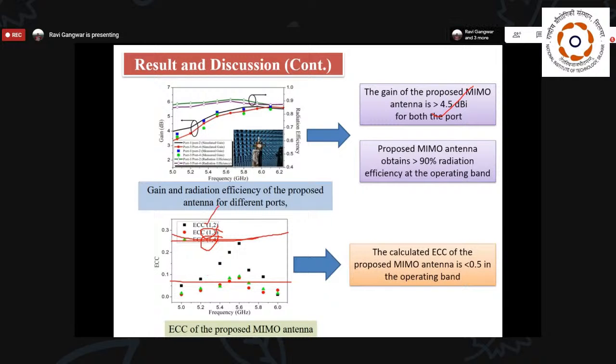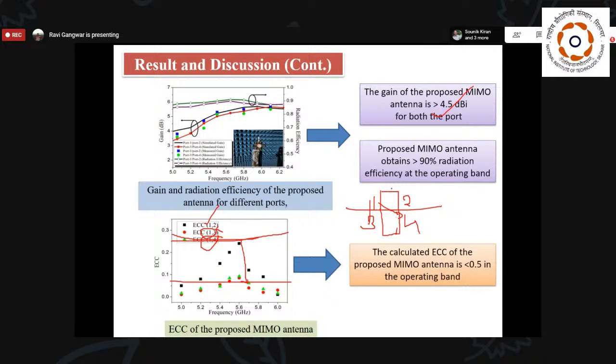But in the case of ECC 1 to 2, if we look at the antenna structure, we have one antenna on top and another on the bottom. The top antenna is excited by port 1 and port 2. The bottom antenna is excited by port 3 and port 4. Here I have plotted the ECC between port 1 and 2, which is very high compared to port 1 to port 3 and 1 to port 4.